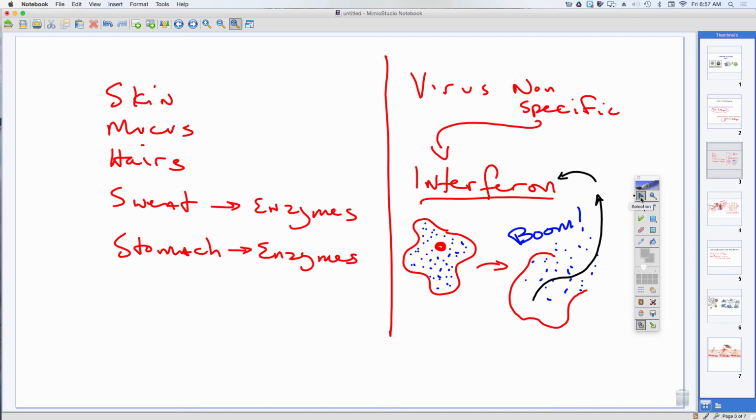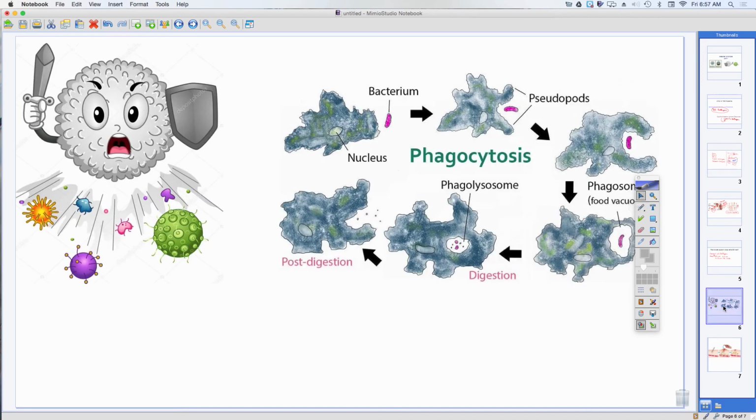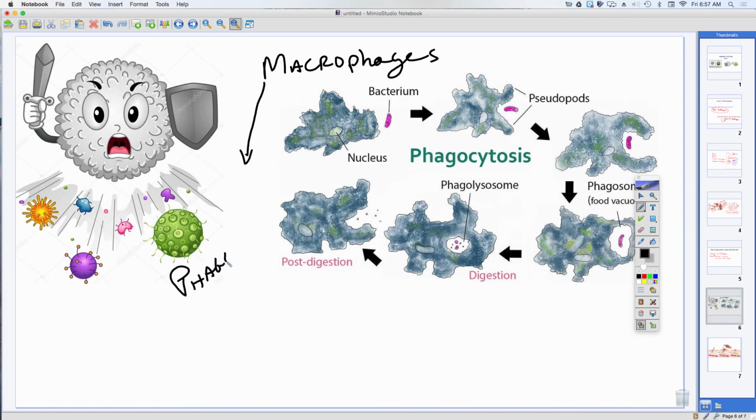Now, there is another part of your immune system that is innate that involves cells, and it involves a type of cell called macrophages. Macrophages are a type of phagocytic white blood cell.